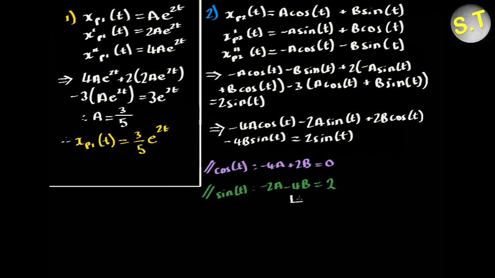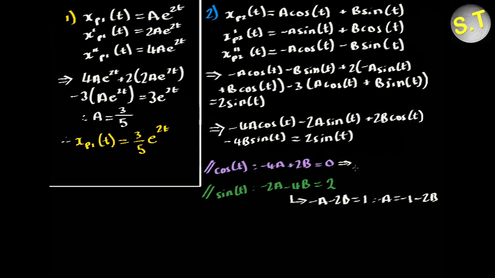So this equation will go to minus a minus 2b equal to 1. So therefore a is equal to minus 1 minus 2b. So then we can use our value we found for a and plug it into the other equation.